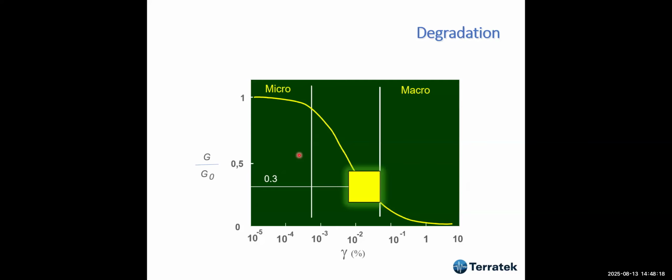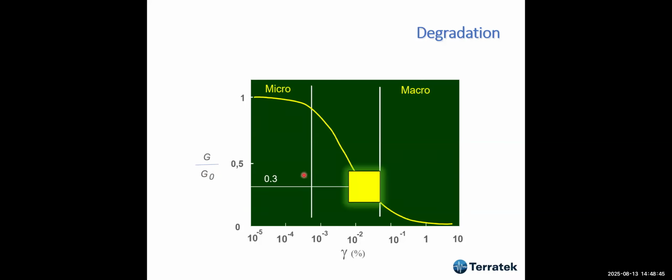Okay, and this is something that came up long ago. I first saw this in the mid 80s, in which this is a degradation curve. This is shear strain, and this is the relationship between G, the shear modulus at some strain, and the G naught, the high one at very small strain.